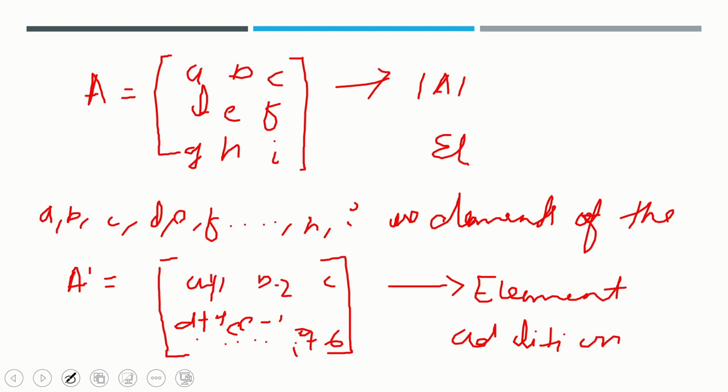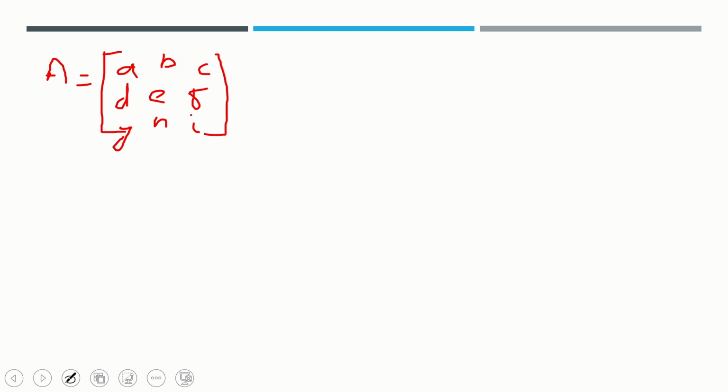Our research says that instead of adding different integers or real numbers to the elements, I just add one element.